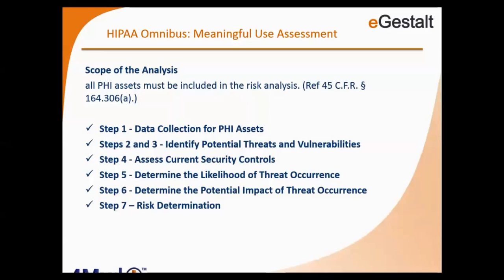So essentially you're looking at all the PHI assets, all the threats and vulnerabilities affecting that particular asset, what security controls you have in place today, and then the likelihood of such attacks happening and the impact of these attacks taking place.